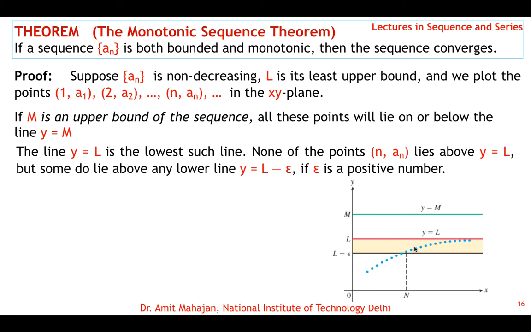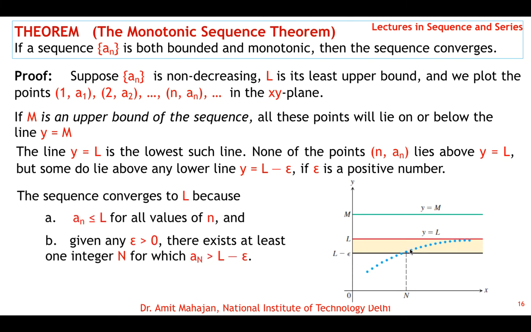If all the points lie below L minus epsilon, then L minus epsilon becomes the upper bound, and because it is less than L, L would not be the least upper bound. But L is the least upper bound, so some points must lie above L minus epsilon, for any positive epsilon.